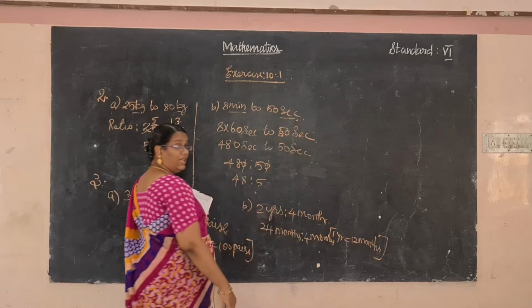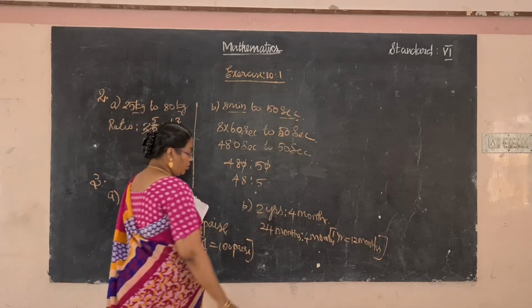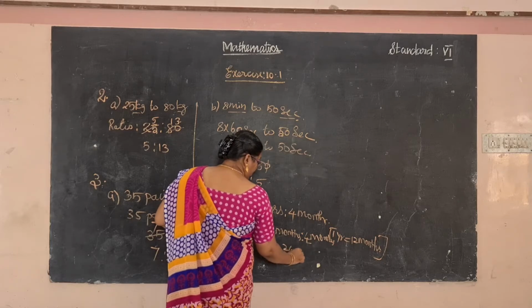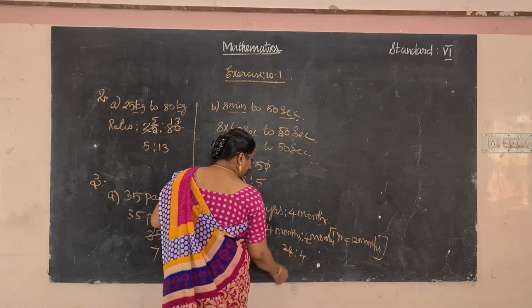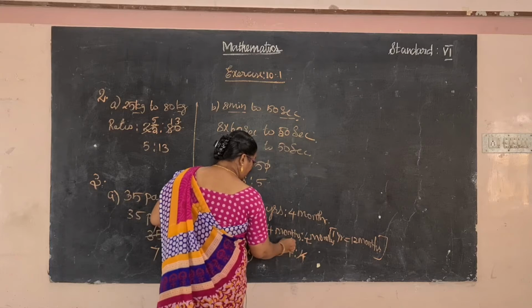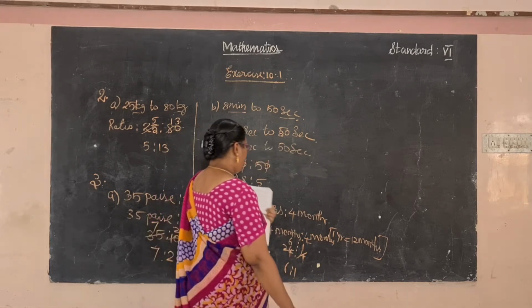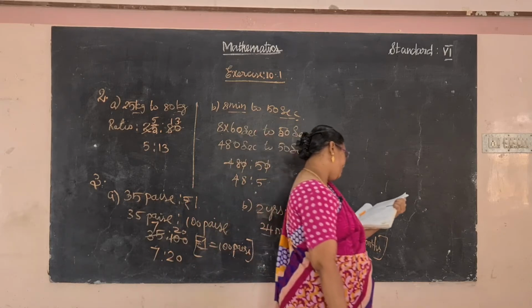Now we get the same kind of quantities. So compare the ratio. 24 is to 4, 4 6s are 24. So 6 is to 1 is the answer for this problem.